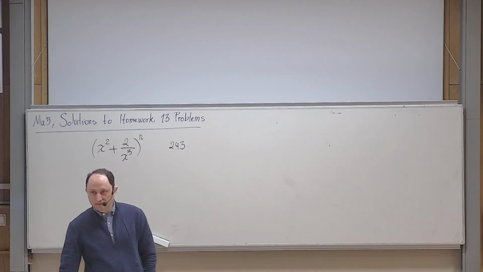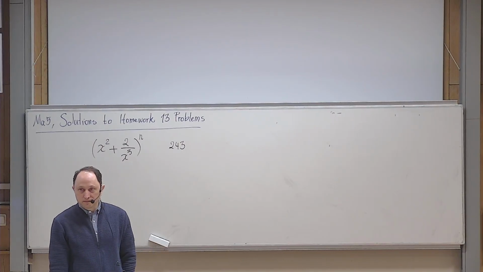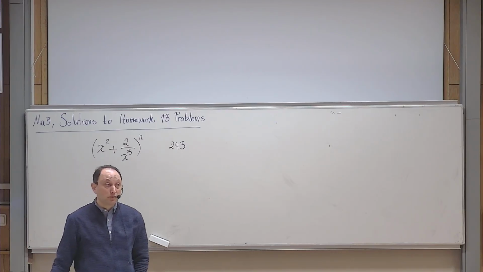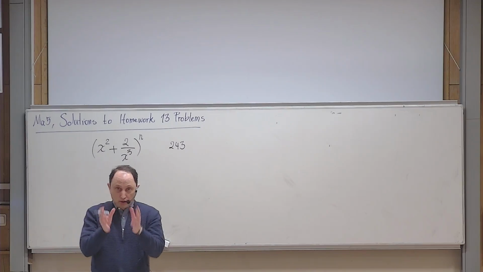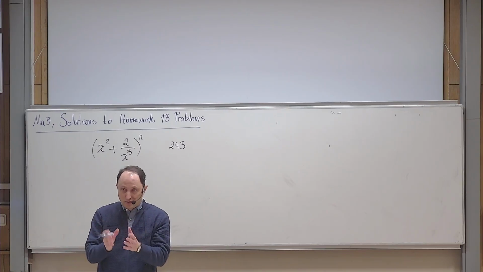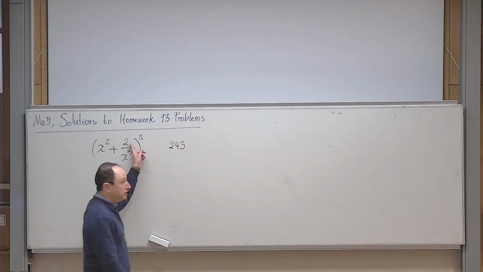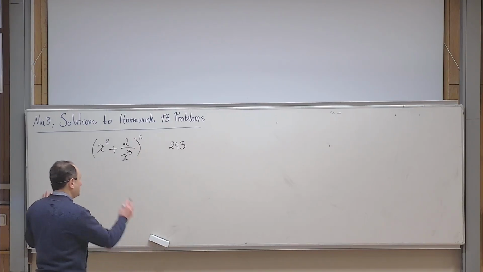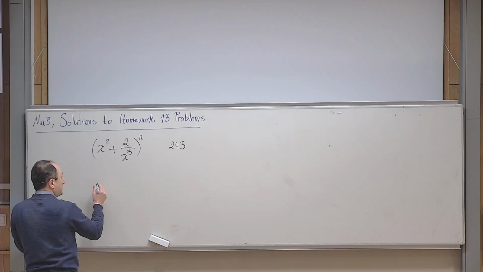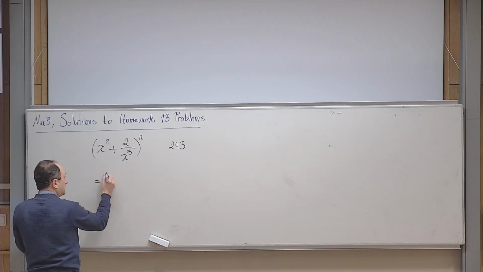You can say the sum from k equals 0 to n of n choose k is 243. No, that's a little bit more complicated than that, because the sum of the coefficients is not just the binomial coefficients, because there is a 2 here as well. So let me write the binomial expansion formula.